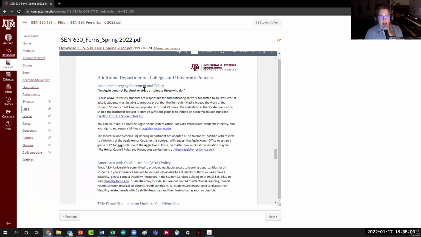The Aggie Honor Code will be part of what you sign when you submit any timed quizzes or exams. Let me make this pretty clear. When there is written homework, and I'll always post this at the top so that it's clear, this is something I would encourage you to work with others on.